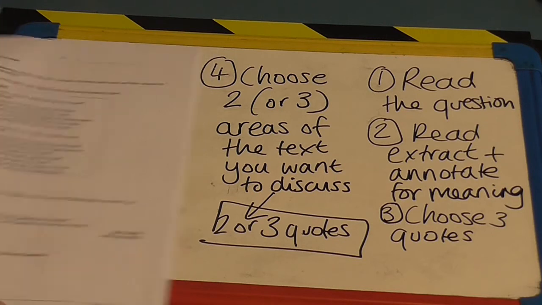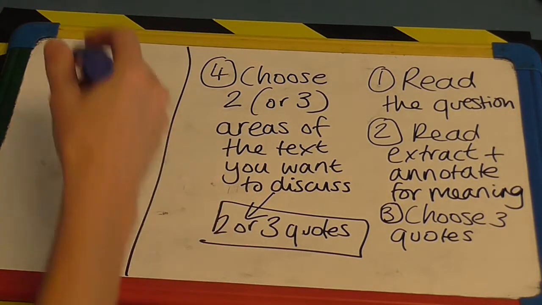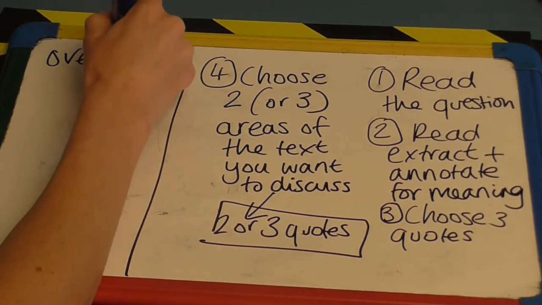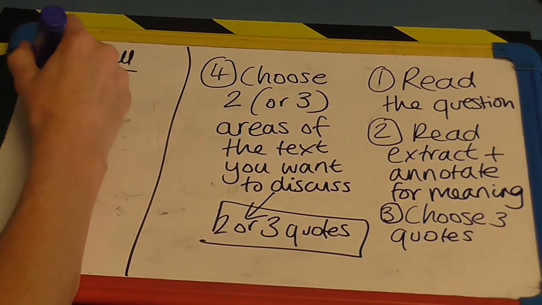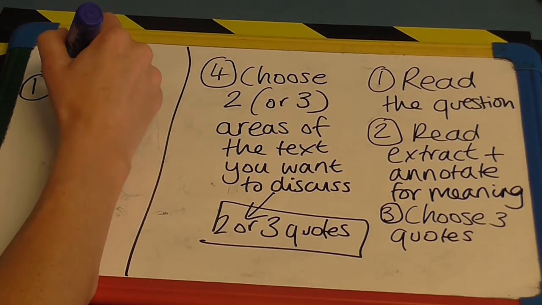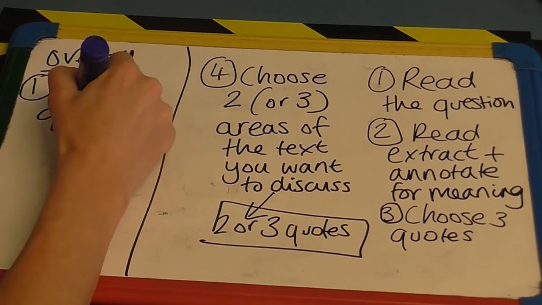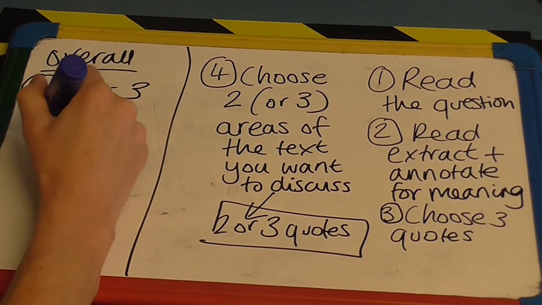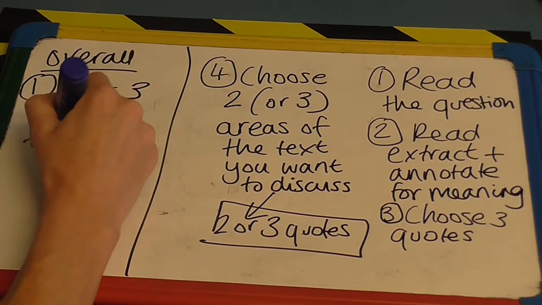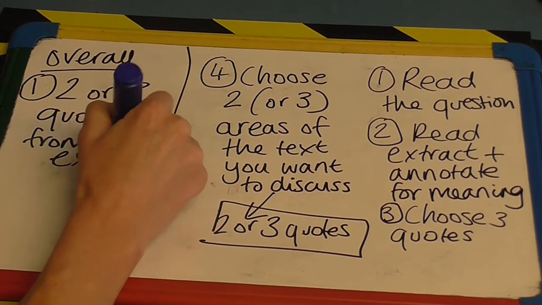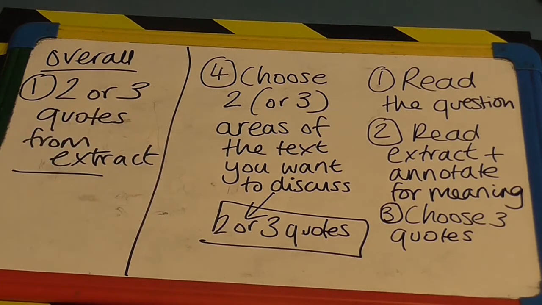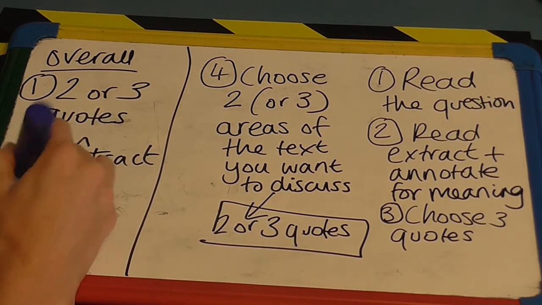So you should find that overall then, your answer, you should have 2 or 3 quotes that you have analysed from the extract, and that should complete the first half of the bullet point in the exam question.